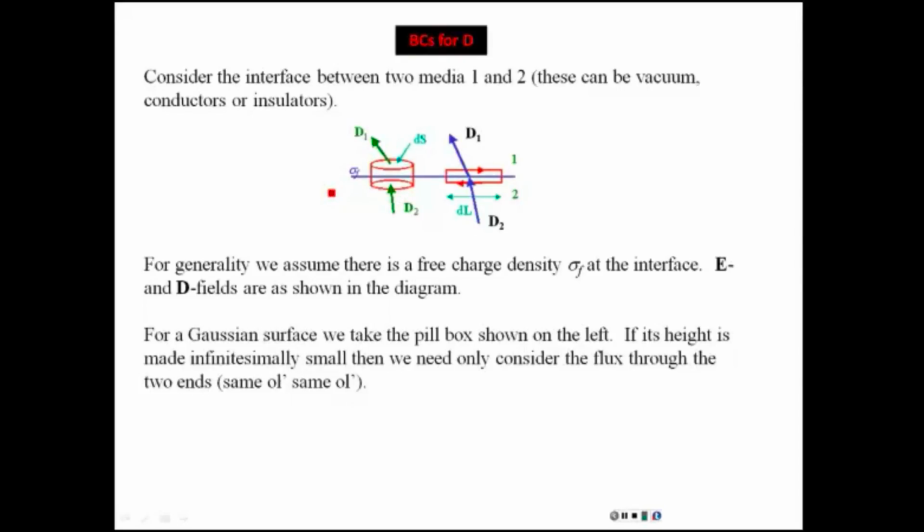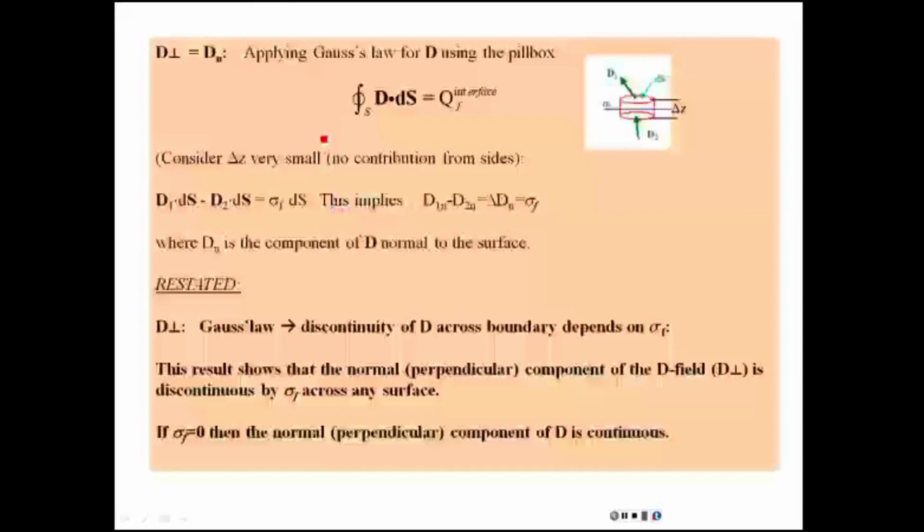For a Gaussian surface, we're going to take this pillbox. If we make this height very, very small, then we really only have to worry about the flux through the surfaces that you have here. Very similar to what we did before for the E field. So we're going to call this D perpendicular or D sub n, the normal component, and we're going to use Gauss's law for D. And so what that means is there's no epsilon 0 here.